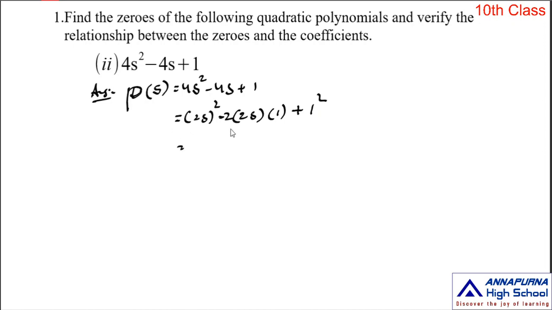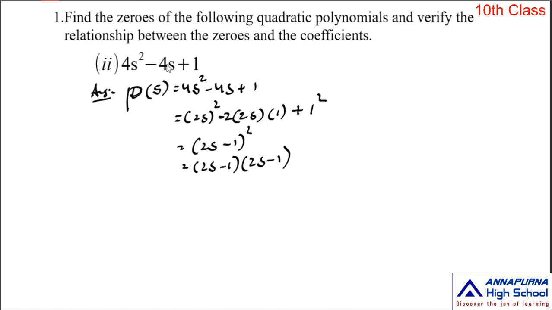Now observe this, it is in the form of a square minus 2ab plus b square, which is equal to a minus b whole square. That means 2s minus 1 whole square. That means what are the two linear factors of this quadratic polynomial? 2s minus 1 and 2s minus 1.